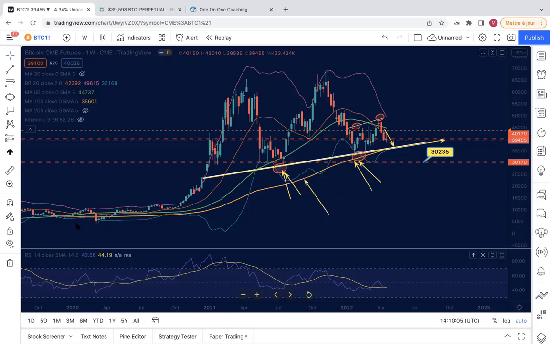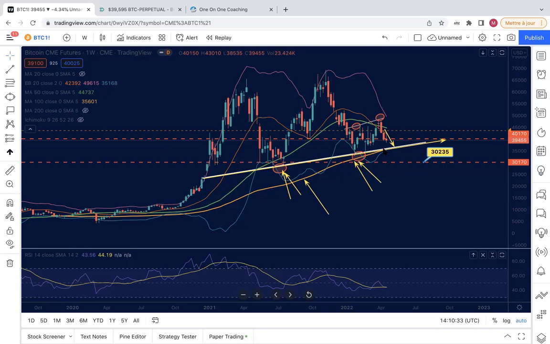The orange curve, you can see it here, is the moving average 100. The moving average 100 has held each time since we had the run up. Since the Bitcoin went above it, it was the long-term trend line, the long-term support. So now we are very near to it.